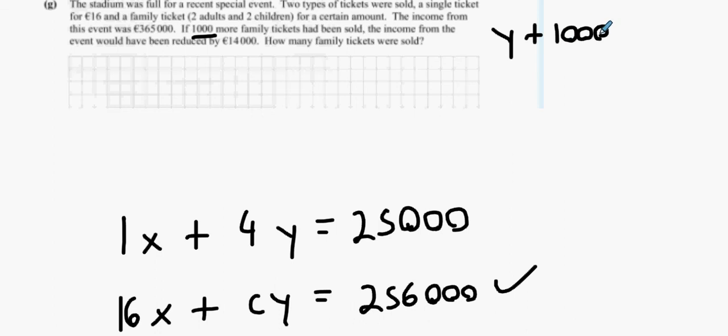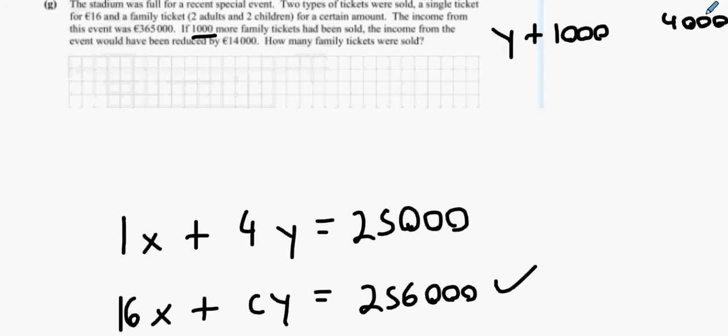Is that all right? Where am I getting Y plus 1,000 from? 1,000 more sold, correct? But here's the kicker. If you sell 1,000 more family tickets, how many people is that? That means you have to sell 4,000 less.